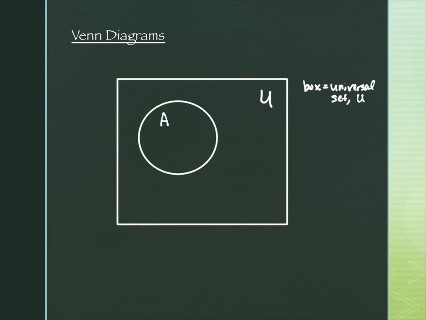Sometimes I label my circles by what they're describing if I'm actually working with a problem that has context, okay? So our circles in general are other sets in the universal set, a smaller collection.